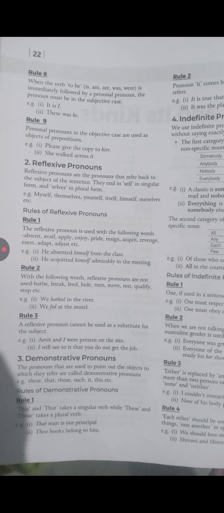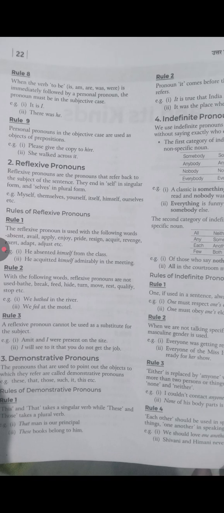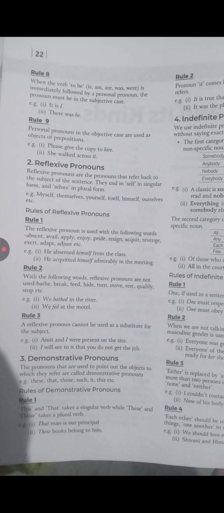Okay. And rule 2, with the following words, reflexive pronouns are not used. Bathe, break, freed, hide, turn, remove, rest, qualify, stop, etc. So we bathed in the river, we fed at the motel.